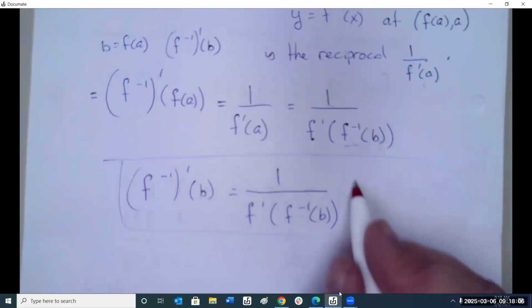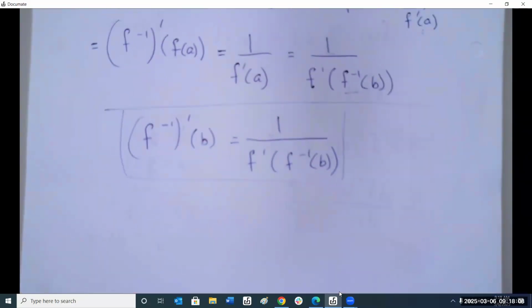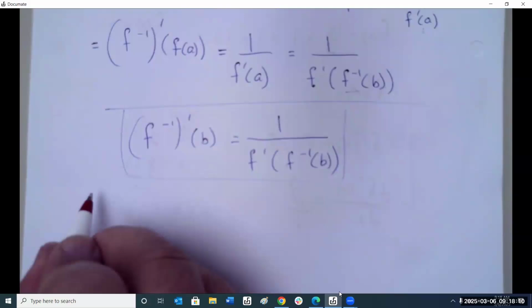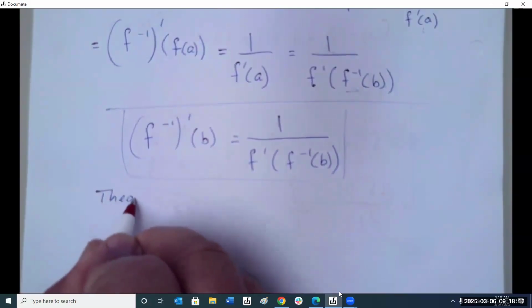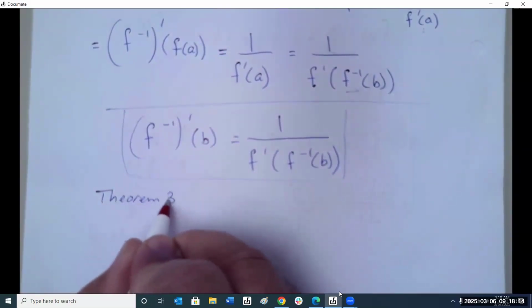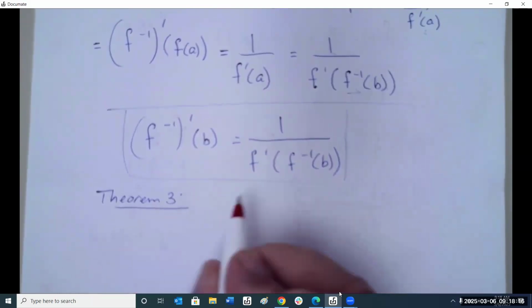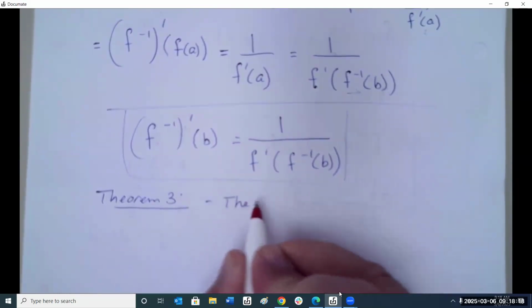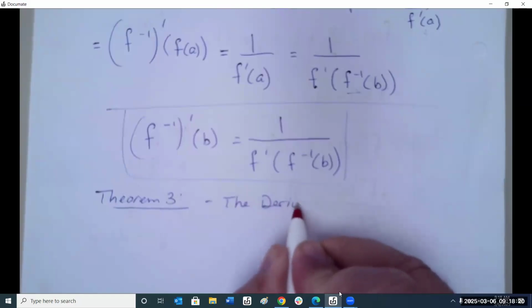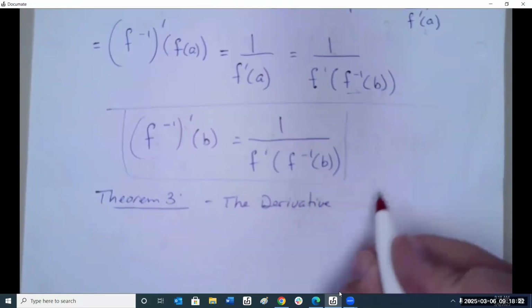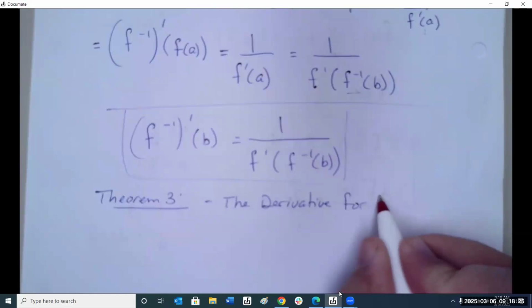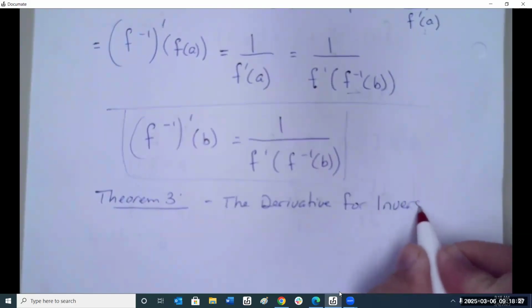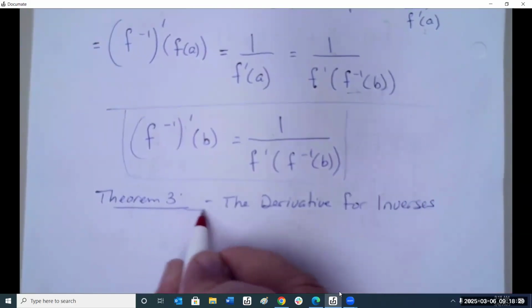So that is our first function, which is called theorem 3, the derivative for inverses.